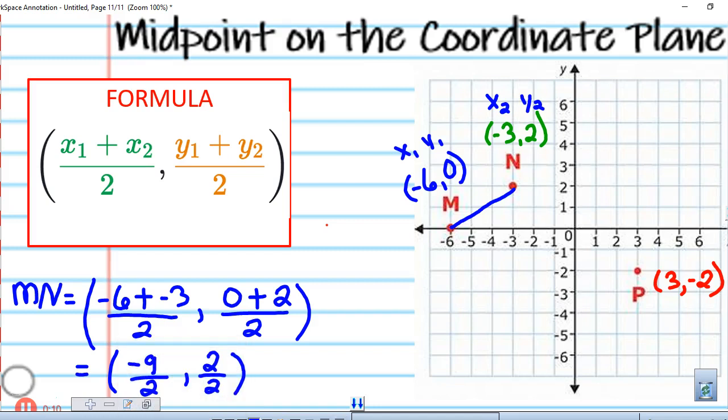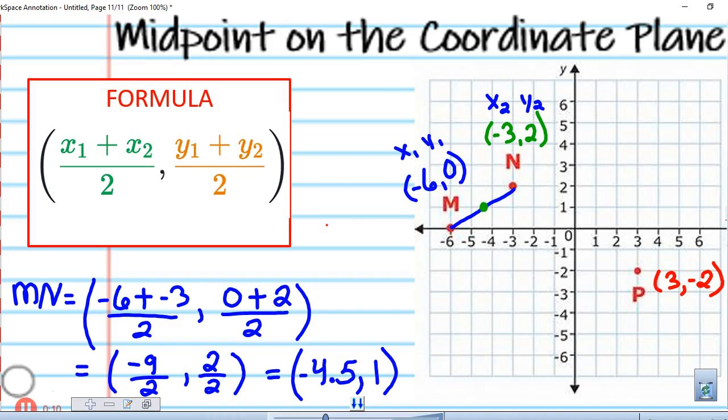And then we want to simplify this all the way out. -9 divided by 2 is -4.5. And then 2 divided by 2 is 1. So that is our midpoint, -4.5, 1. So -4.5, 1, that would be the midpoint.